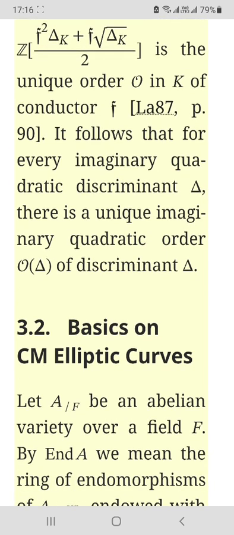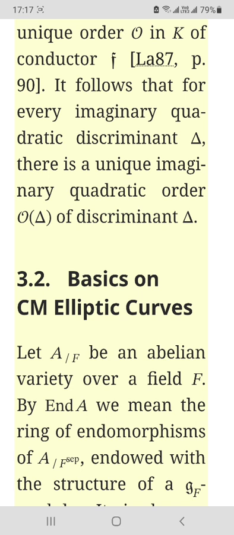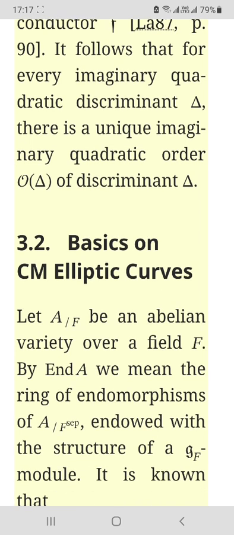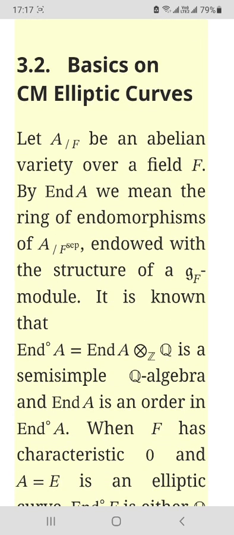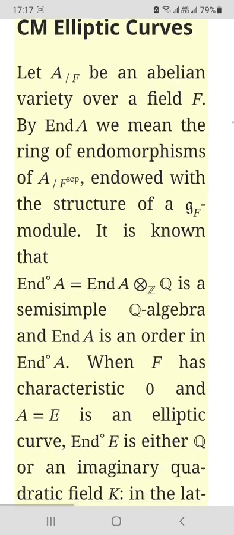It follows that for every imaginary quadratic discriminant delta, there is a unique imaginary quadratic order O_delta of discriminant delta. Section 3.2, Basics on CM elliptic curves.